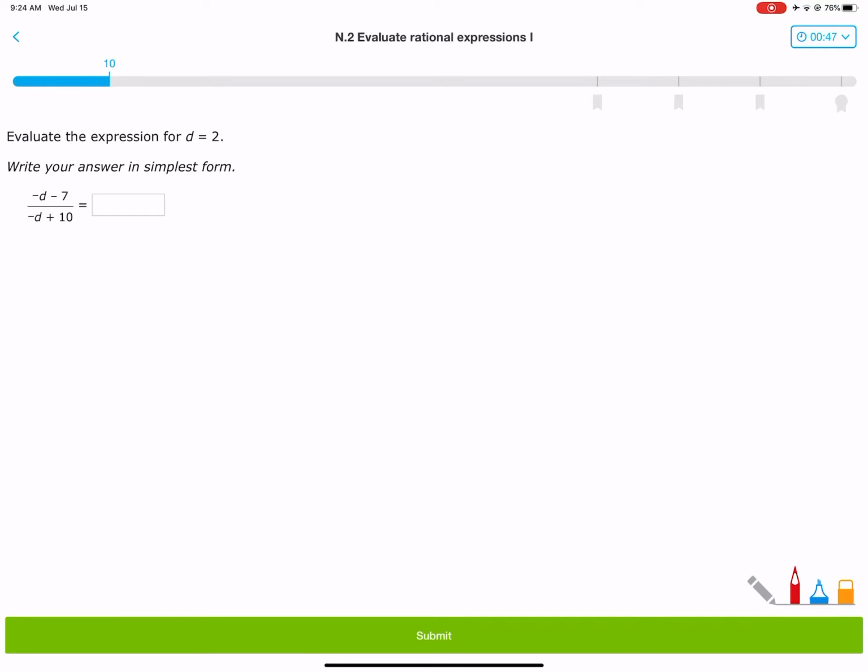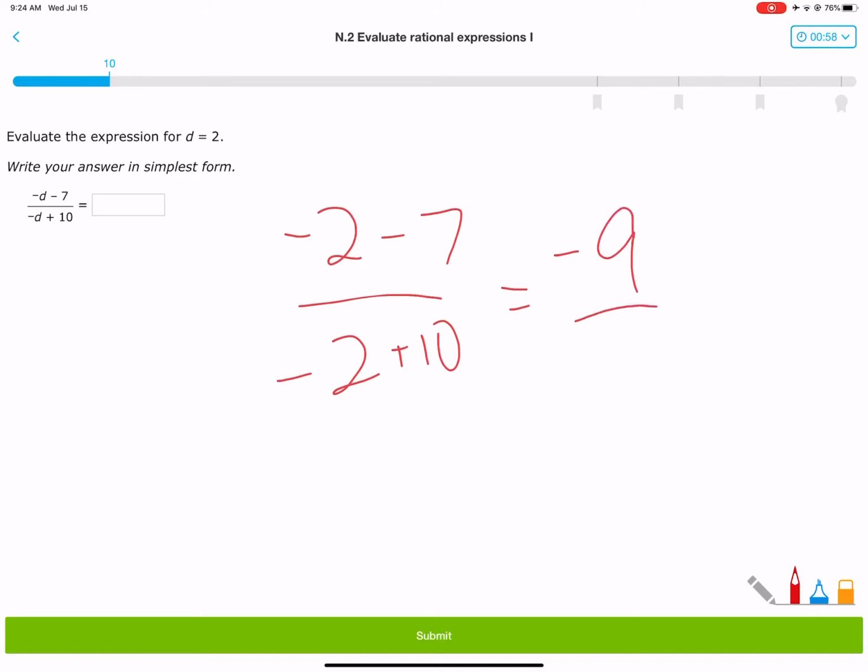Given value for D, -2 minus 7, -2 plus 10. Okay, and we get -9 over 8.